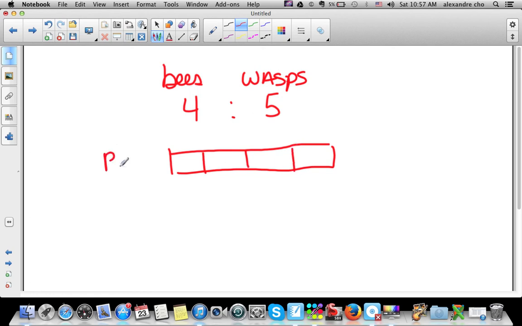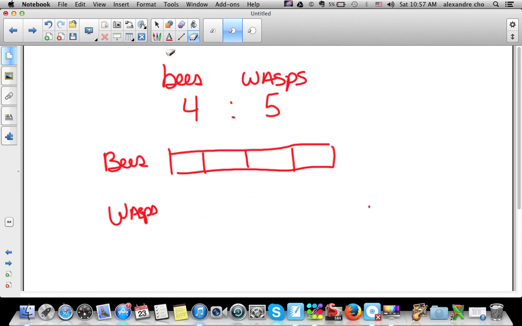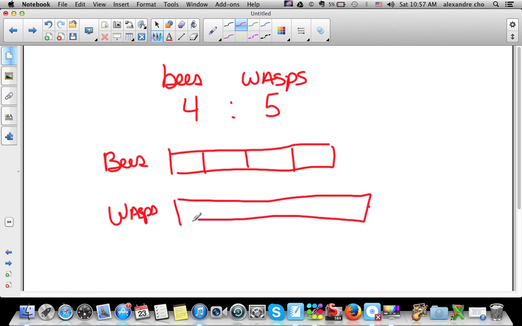I'll write bees here on the sides. And then wasps are the same, but they have 5 boxes. Oh my god. Okay, let's try this again. Wasps have 5 boxes.